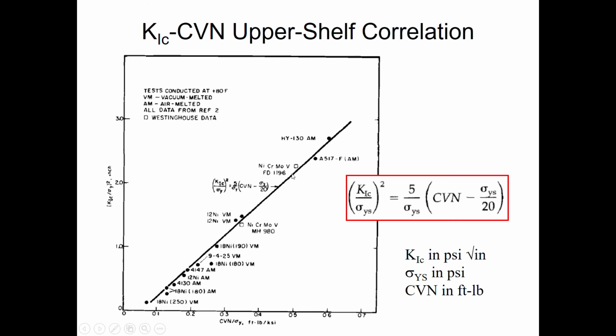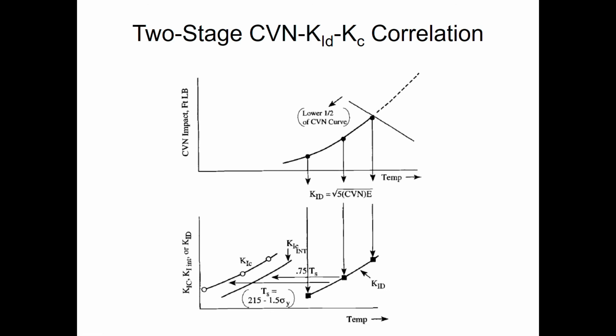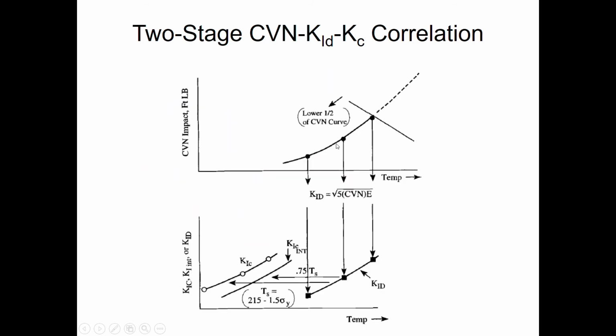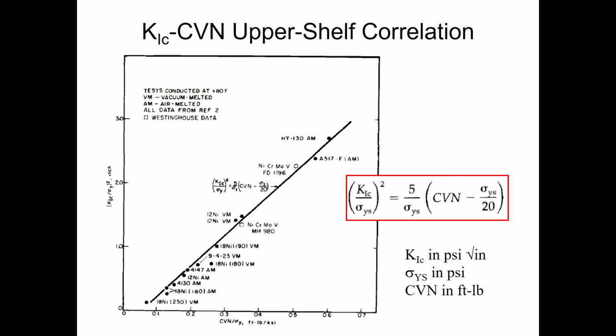They give you the relationship of this plot through this equation: K1C divided by sigma U squared equals 5 times (CVN divided by sigma U minus 1/20), where CVN is what you have calculated from the previous equation, and sigma U is the ultimate stress divided by 20, so that you will get this relation.